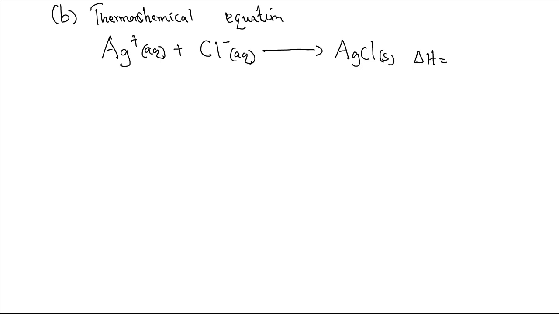Then delta H is negative 33.6 kilojoule per mole.